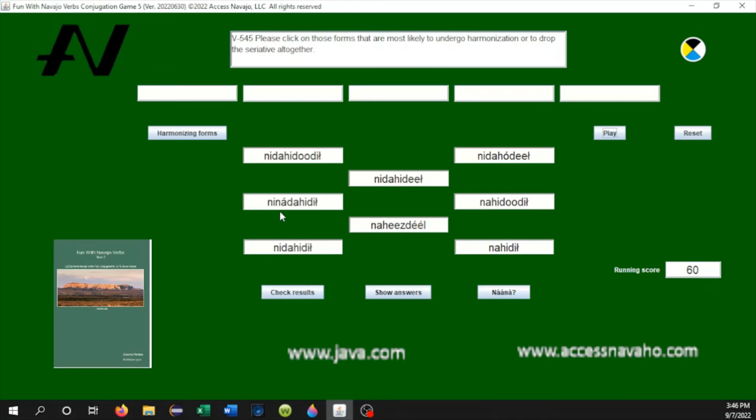Now remember, for something to harmonize, you have to have a seriative form that's in the pre-stem syllable position, and you need an outer prefix that causes it to harmonize. So for instance, this one cannot harmonize because the seriative syllable is 2 syllables back. It needs to be in that pre-stem syllable, so it can't harmonize.